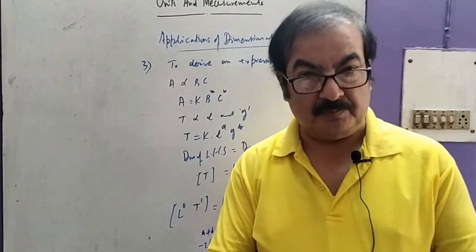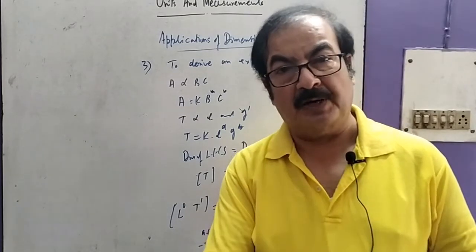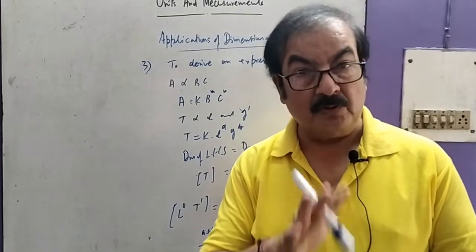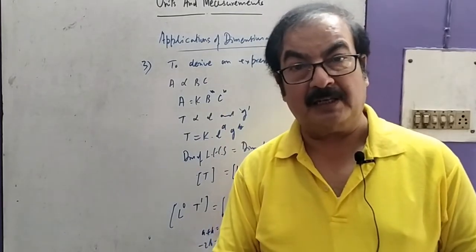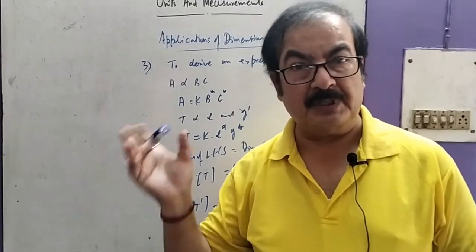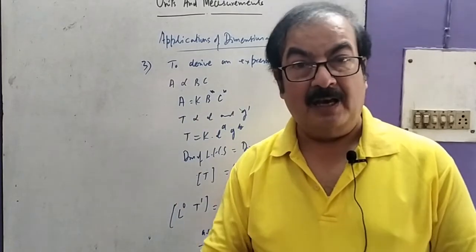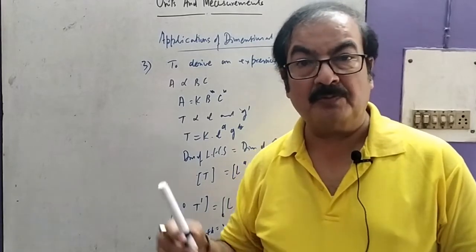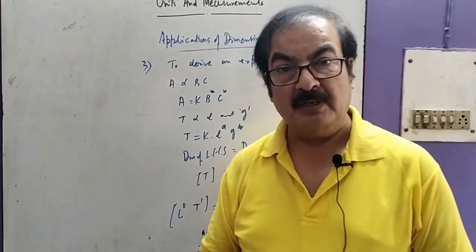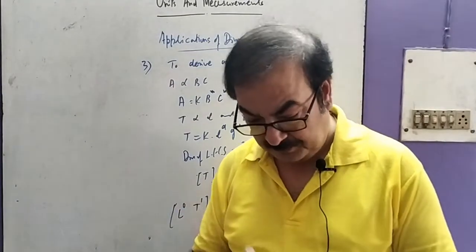Number one, to convert from one system of unit to another system of unit. Second, to check the correctness of a given equation, whether it is correct or not, by using the principle of homogeneity. And third, to formulate or derive an expression by using the dimension formula.